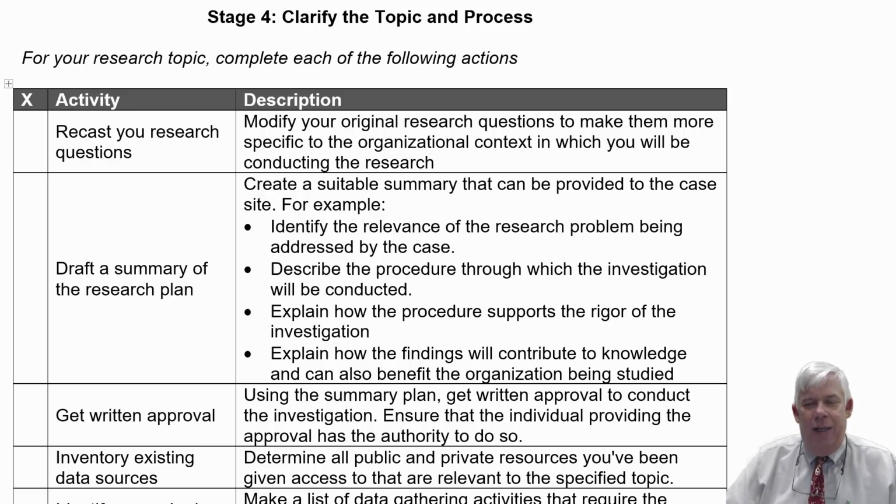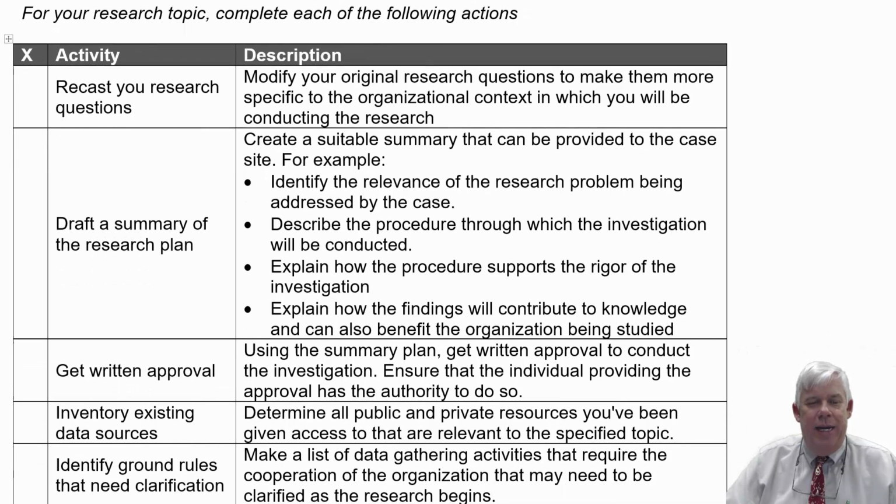And then finally, what I would recommend is creating a list of the ground rules that will need clarification after you've gotten approval and as you're beginning the research. You're never going to get all these things clarified before the research starts.